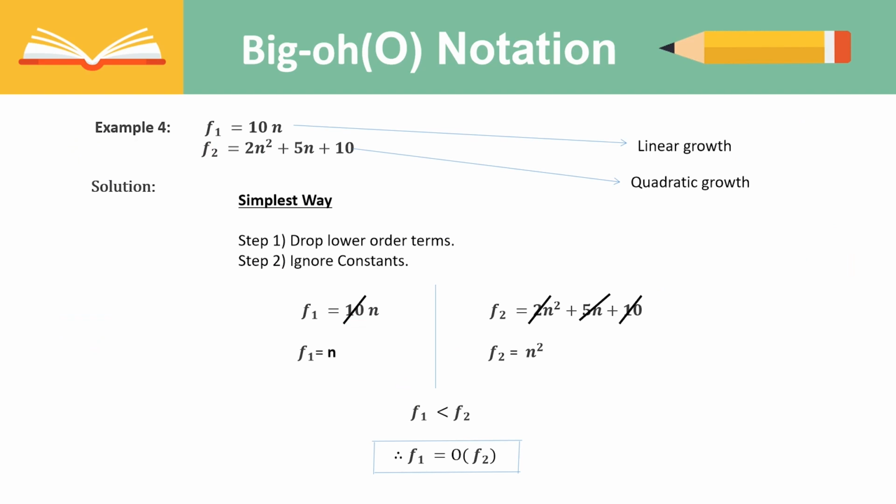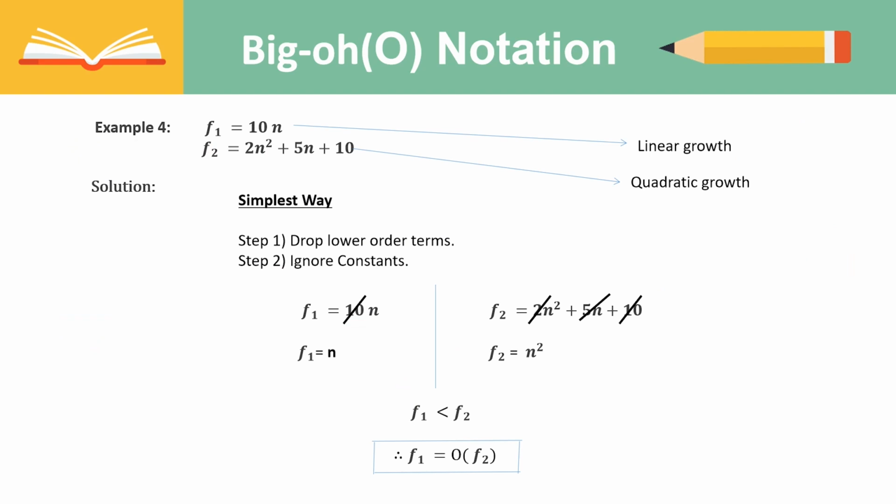Step 1 is to drop the lower order terms and step 2 is to ignore the constants. Here f1 is equal to 10n. 10 is a constant and gets ignored. Therefore the value of f1 is equal to n. Then f2 is equal to 2n square plus 5n plus 10.